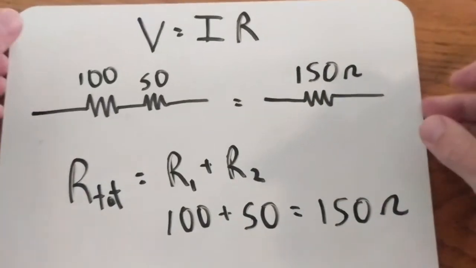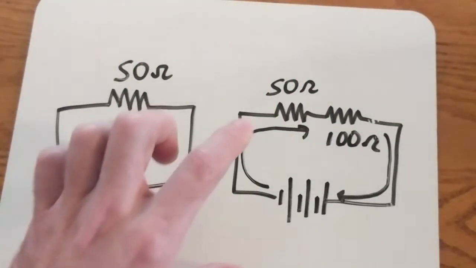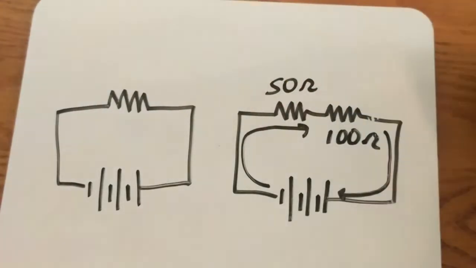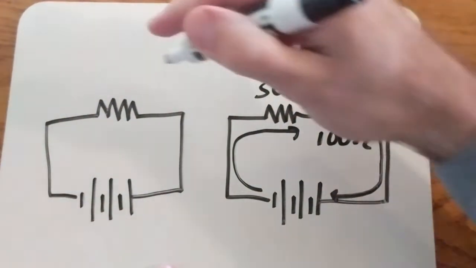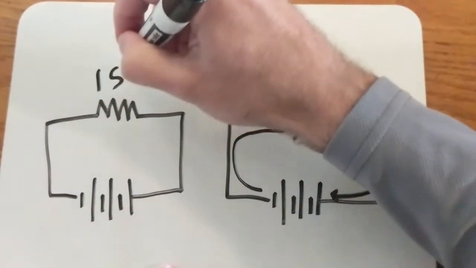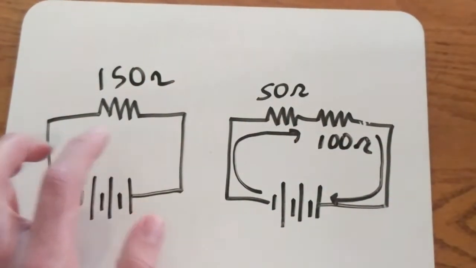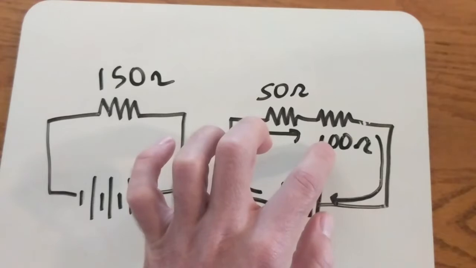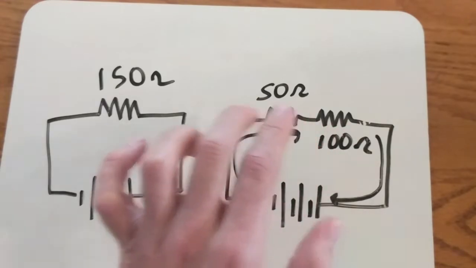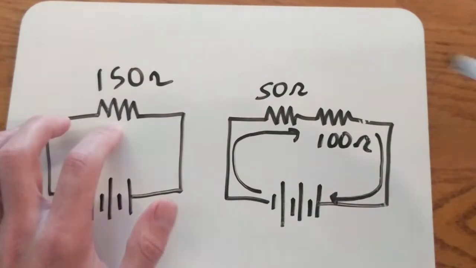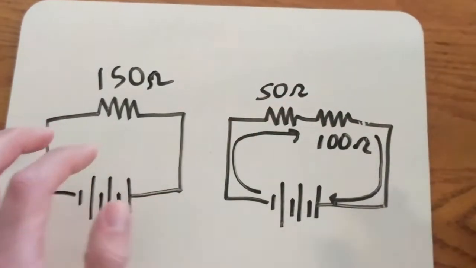And what that means is this circuit here will function in the same exact way as this circuit here. All right, because you have a 50 ohm and 100 ohm resistor in series with each other, and over here it can be replaced with just one 150 ohm resistor.